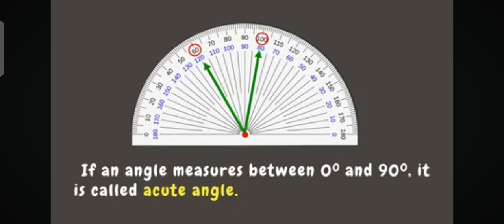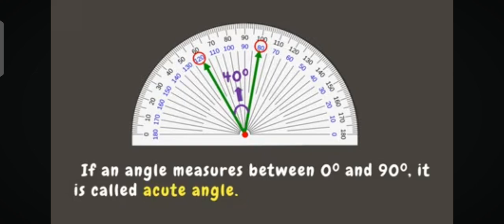To know the exact measurement of this angle, just subtract the 2 degrees. So that will be 100 minus 60, which is 40 degrees. You can also use the inner scale, which is 120 minus 80, which is also 40 degrees. And since it's less than 90 degrees, it is also an acute angle.